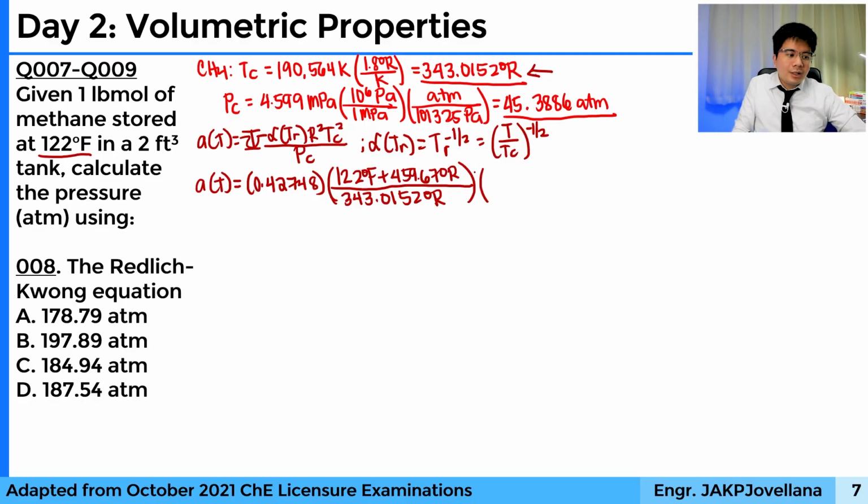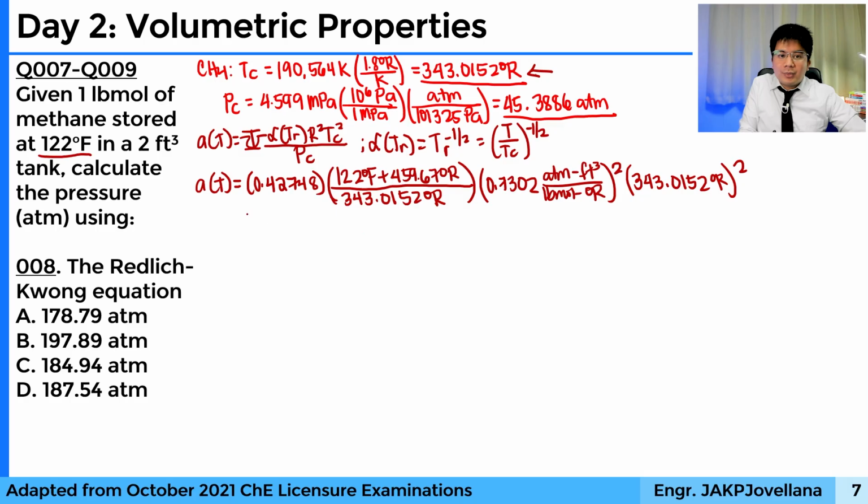Next, R squared. So the value that we will use is 0.7302 atmospheres cubic feet per pound mole per degrees Rankine, and then squared, and then times the square of the critical temperature, 343.0152 degrees Rankine squared, divided by the critical pressure. Our critical pressure is 45.3886 atmospheres.